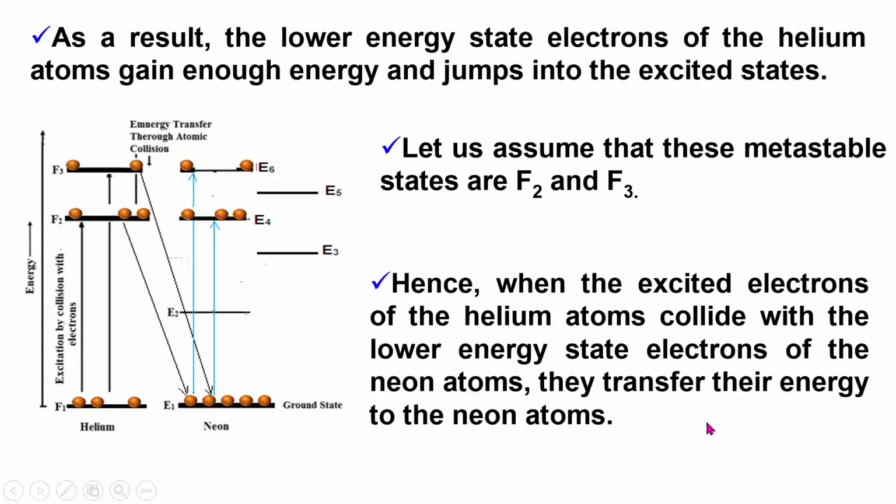After that, the helium atoms which are in the metastable state collide with the neon atoms which are in the ground state energy and they transfer their energy to these neon atoms.